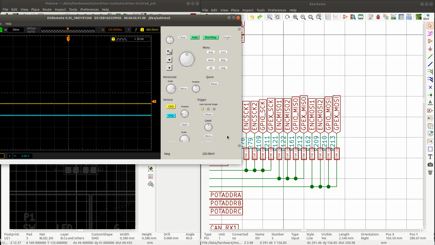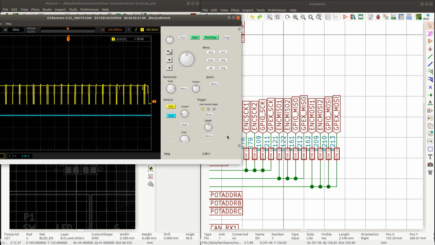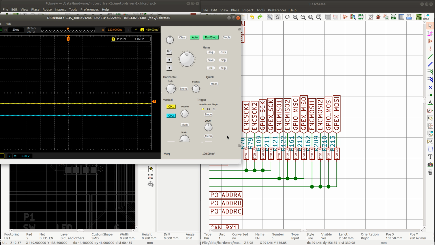So checking on R79. Checking on R122. Nothing? Or, yeah, something, but it doesn't look very good.